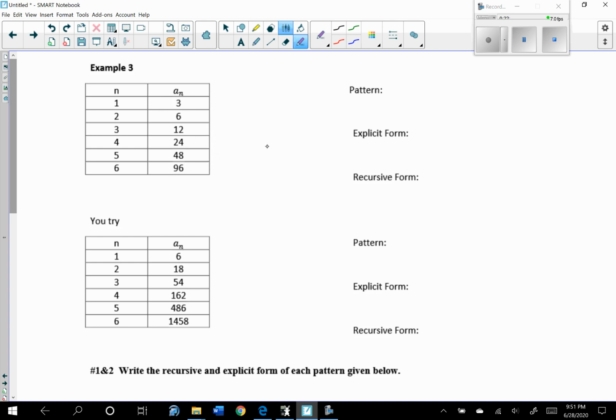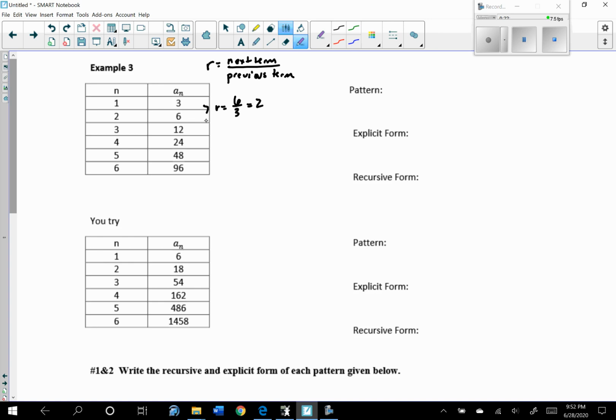So that means we want to check exponential. So to check exponential, you divide your terms. So it's, of course, the next term divided by the previous term. So in this case, we're dividing 6 over 3, which gives me 2.